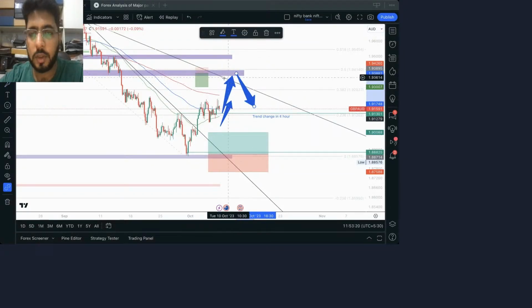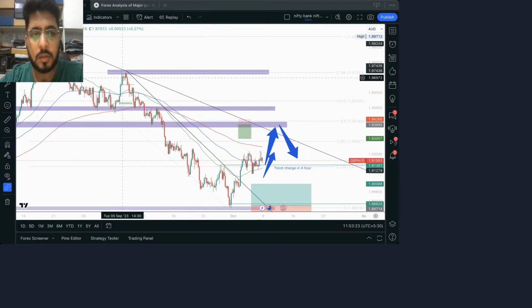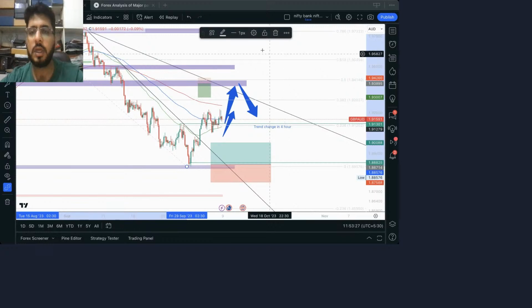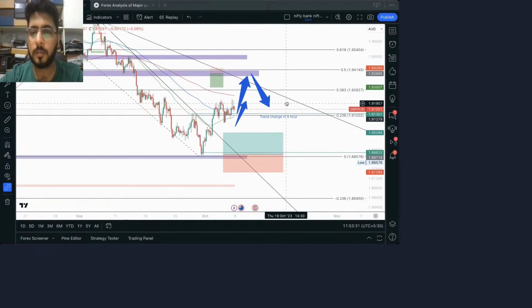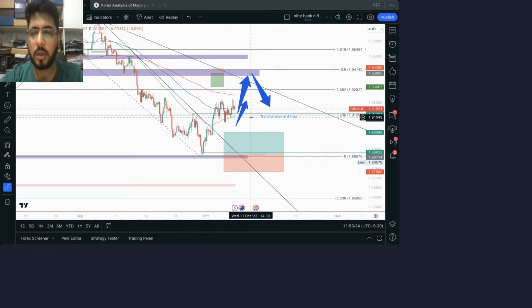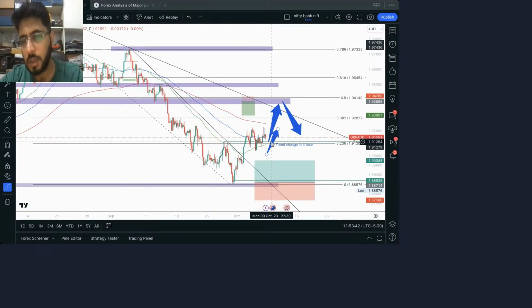But remember, this is the trend line where we are expecting a third touch, first, second. So this trend line can also give a strong pullback. But overall trend, if I see on a lower time frame, it's a trend change, it's a trend reversal.